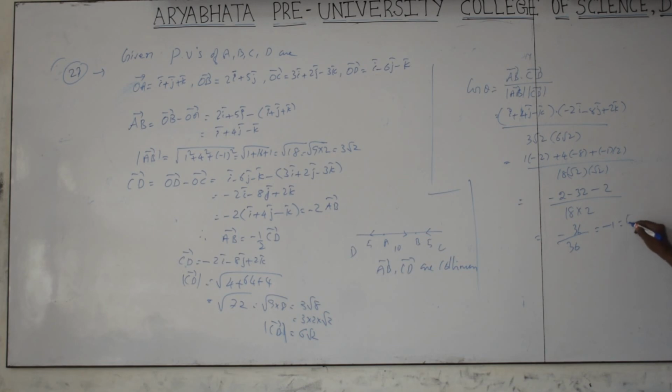Minus 1 is nothing but cos 180 degrees, so theta is 180 degrees. Like this we can solve the problem: we found the angle and also proved they are collinear. Okay. Next.